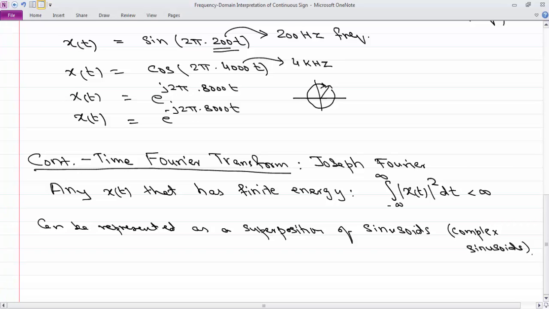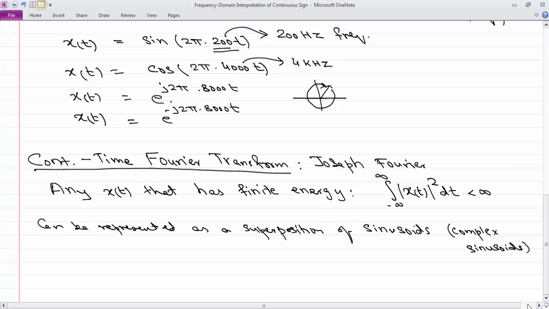It's atoms combined together to make matter. Fourier is saying that any signal which has finite energy is built up of gazillions of sinusoids. Not one or two, but a large number of sinusoids. And this is really remarkable if you think about it.